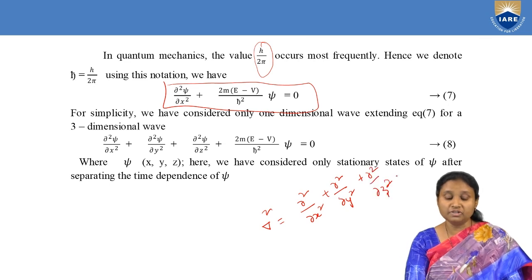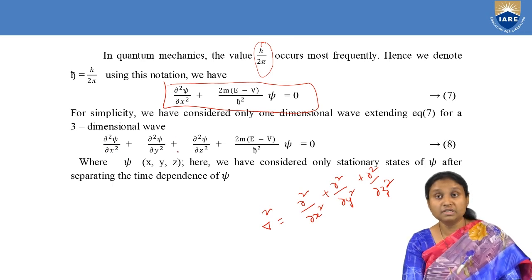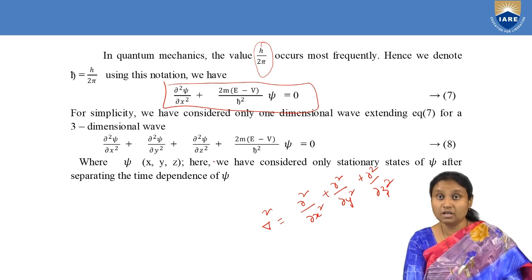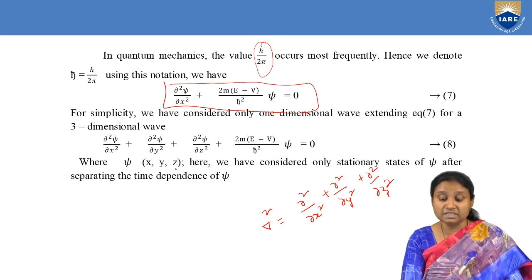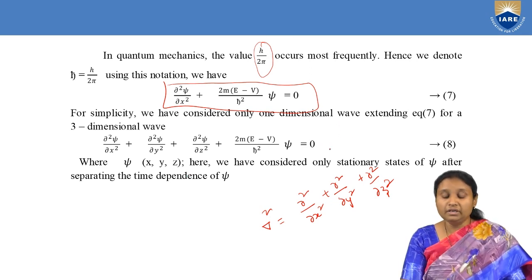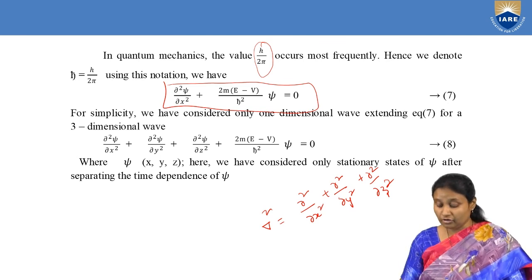So in place of ∂²ψ/∂x², I introduce ∂²ψ/∂x² + ∂²ψ/∂y² + ∂²ψ/∂z². Now in this case, the wave function depends on three coordinates, the x, y, z coordinates. So this is the three-dimensional Schrodinger's wave equation, which is independent of time.